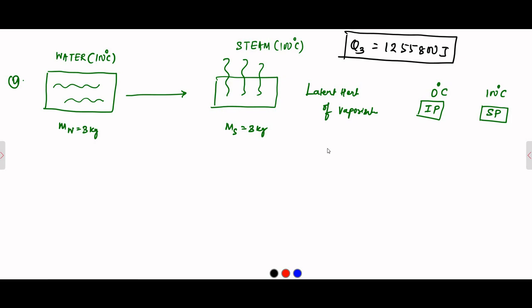So the heat required in the fourth step to convert water at 100 degrees Celsius to steam at 100 degrees Celsius is mass of water into latent heat of vaporization, which is 3 kg into the latent heat of vaporization given as 2.256 into 10 to the power 6 joule per kg.